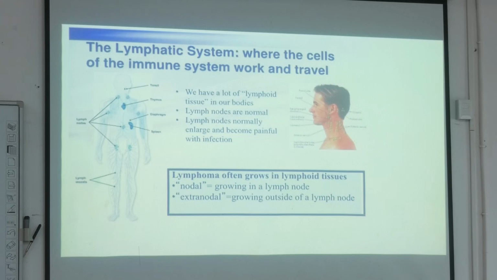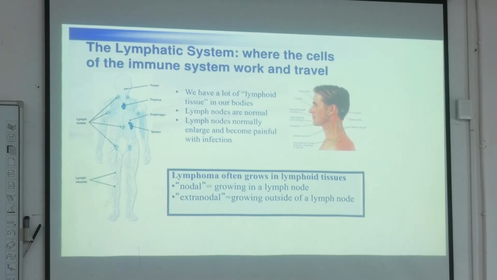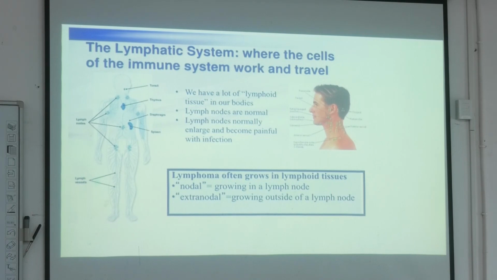Another thing you have to know: lymphatic tissue is located in the lymph node and also in extranodal sites. So NHL is present both in the lymph node and extranodal sites. That is very important.